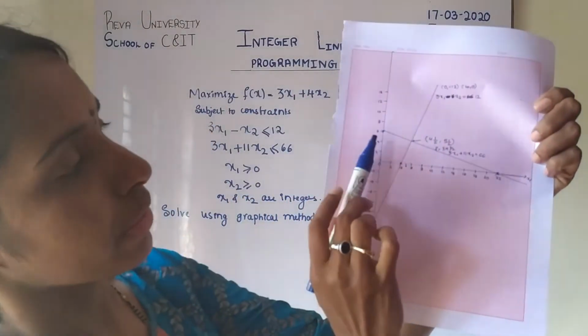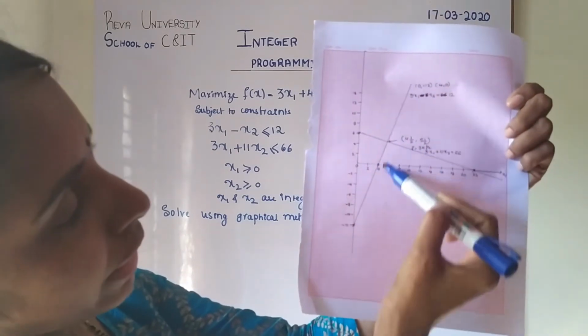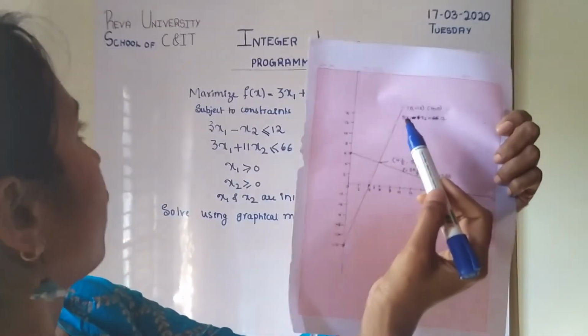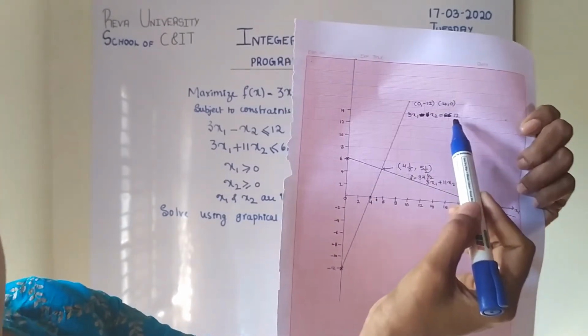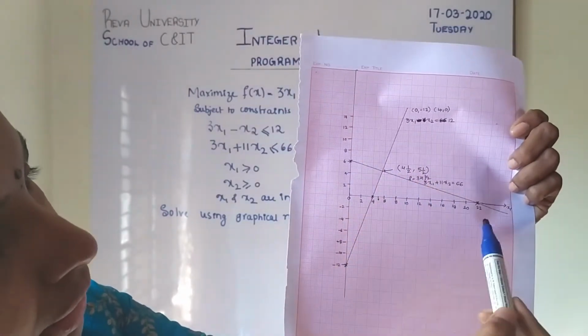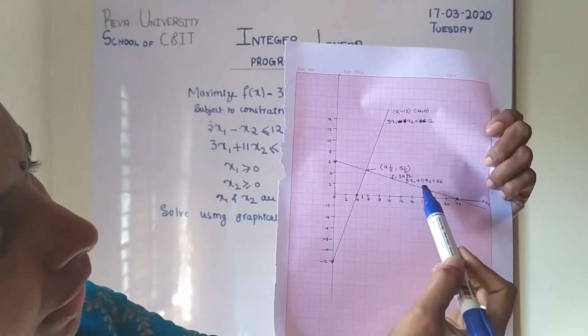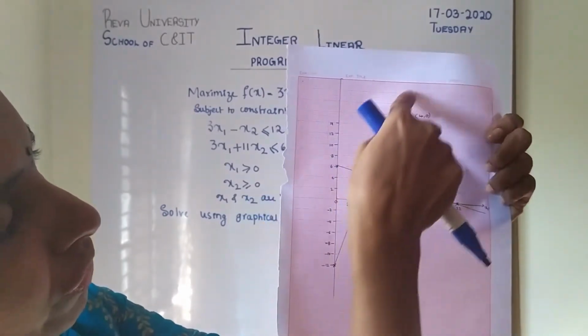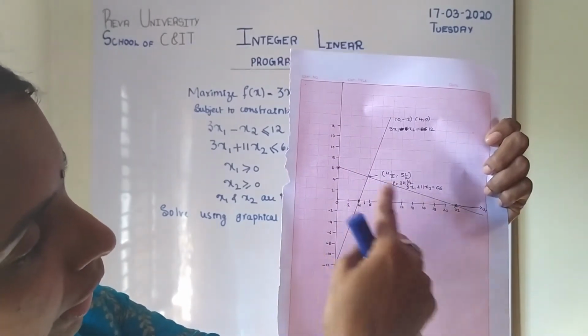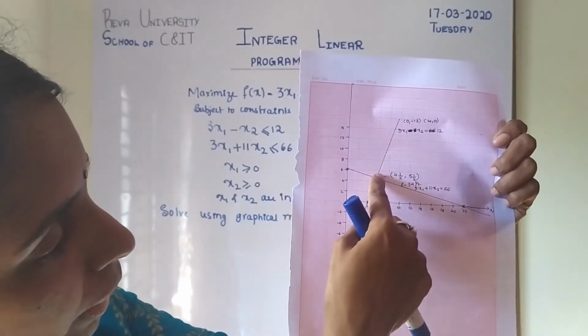You can observe here, this line represents the equation 3x1 minus x2 equal to 12, and this line represents 3x1 plus 11x2 equal to 66. I have plotted the graph here, and I will get an intersection point here.